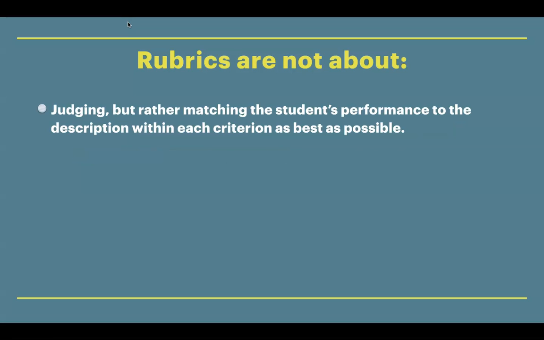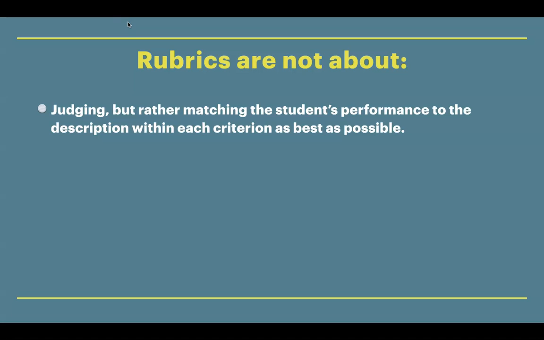Rubrics are also not about, now we're getting a little deeper here, they're not about judging. Okay, we're not judging or giving a reflection on that, but rather matching the student's performance to the description within each criterion of the rubric as best as possible. So our goal with our rubric is to write descriptors at every level for every criterion that describe what their performance should look like, depending on what the performance is.